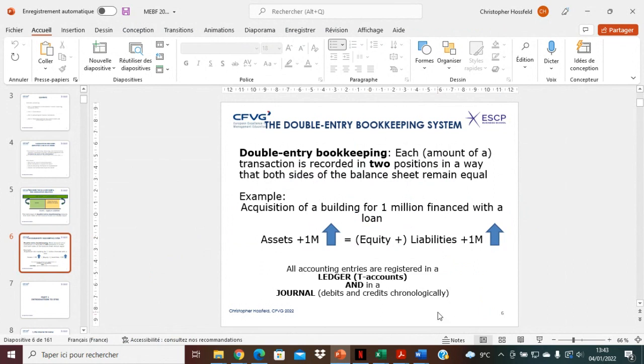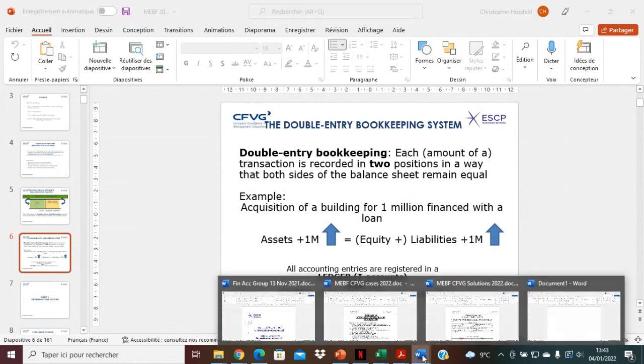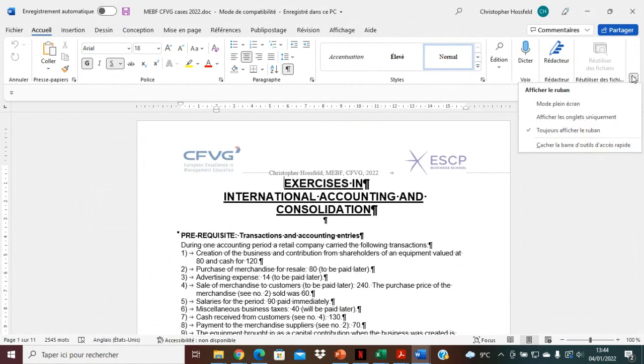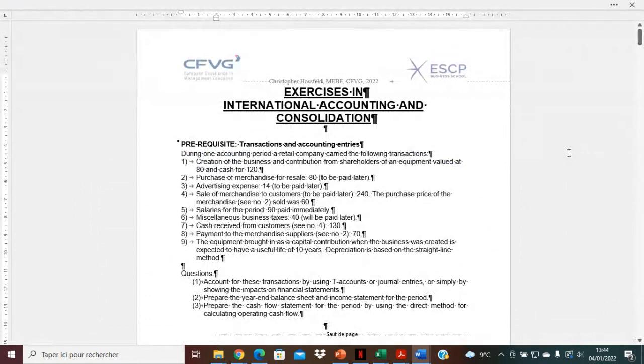Okay, then let's do the first exercise that we have in the case book. Here is the prerequisite accounting question.